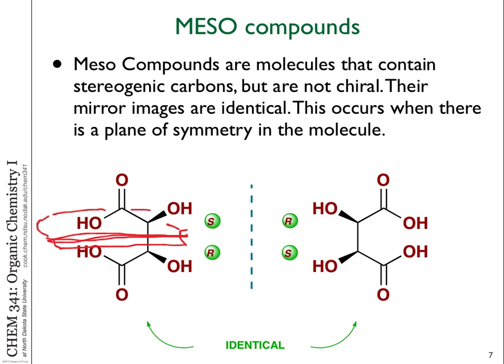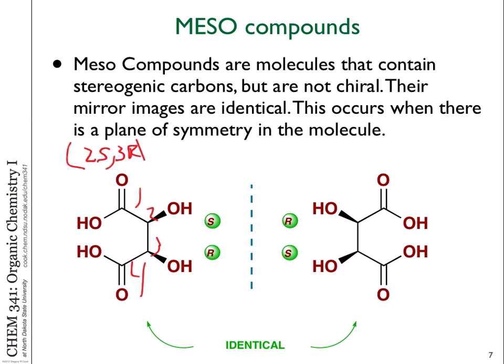okay? A clue that you might possibly have a meso compound, a molecule which is achiral or not chiral because of the mirror plane of symmetry, even though it has stereocenters, is that within the molecule you have two configurations which are opposite. So notice this one is S and this one is R. So if I were to, for example, number this molecule 1, 2, 3, 4, within the name of this molecule, I would use as a prefix 2S, 3R as a prefix to the name of that molecule, right?